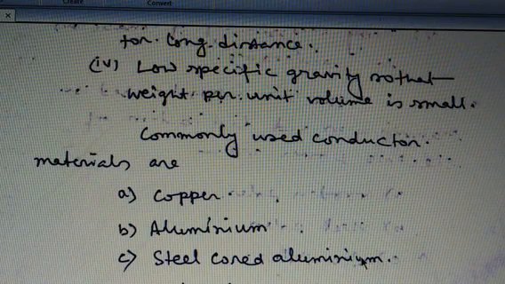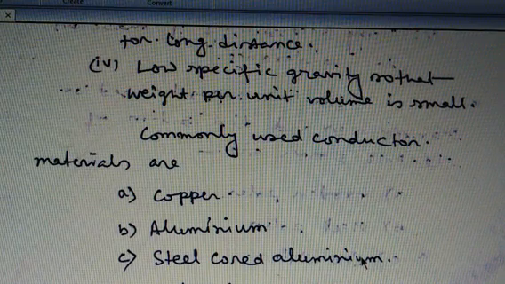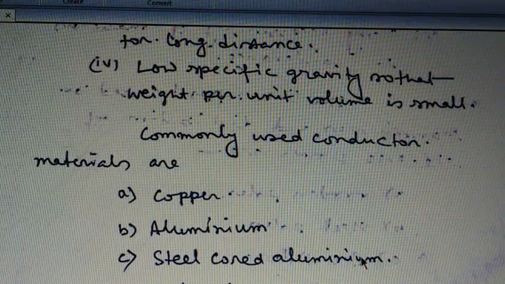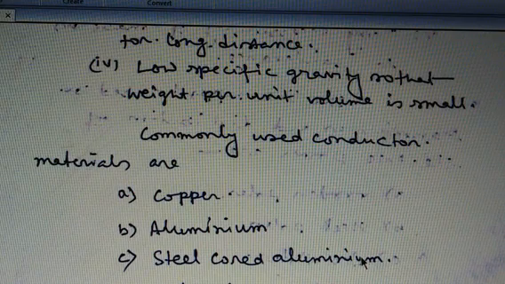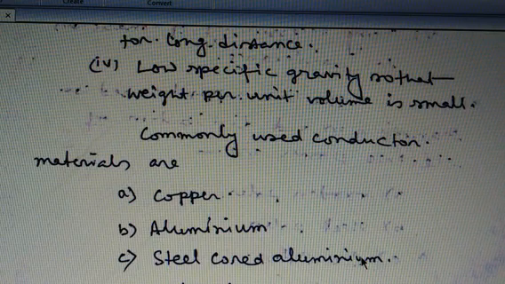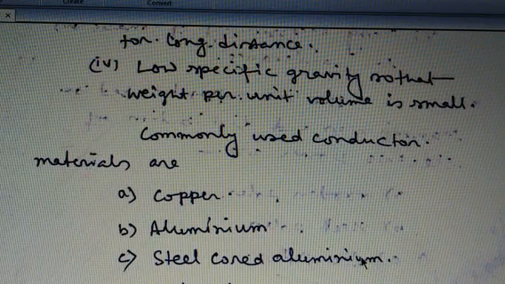Here, the steel conductor provides the tensile strength of this particular wire, and we know in an AC system, the skin effect is a vital factor. In skin effect, the maximum current passes through the outer surface of the conductor area.